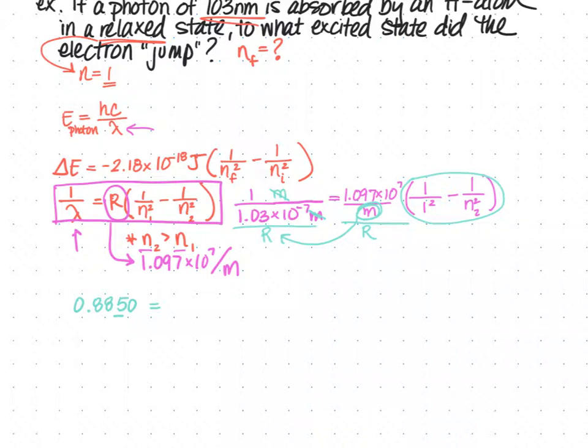I know that's going to be equal to 1 over 1 squared minus 1 over n2 squared. So I'm going to subtract 1 over 1 squared, which really is just 1. Subtracting 1, that'll give me negative 1 over n2 squared is equal to negative 0.115.